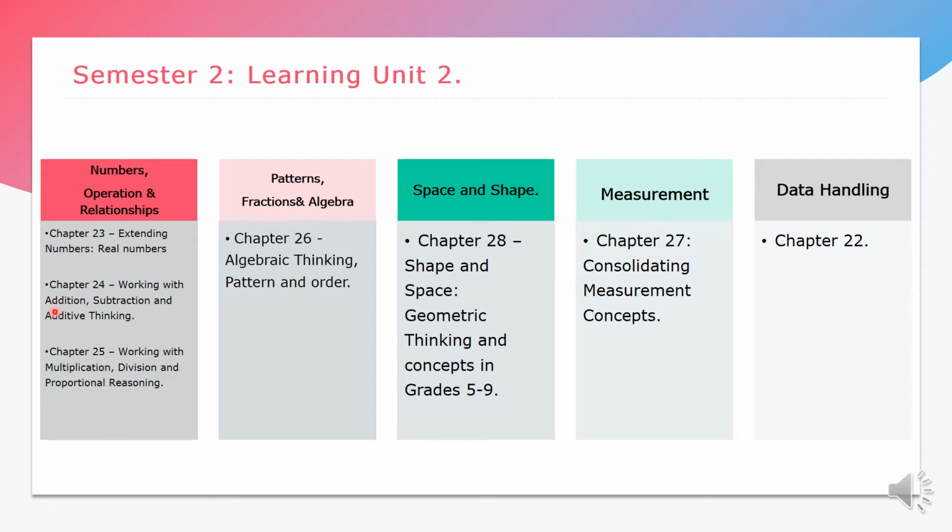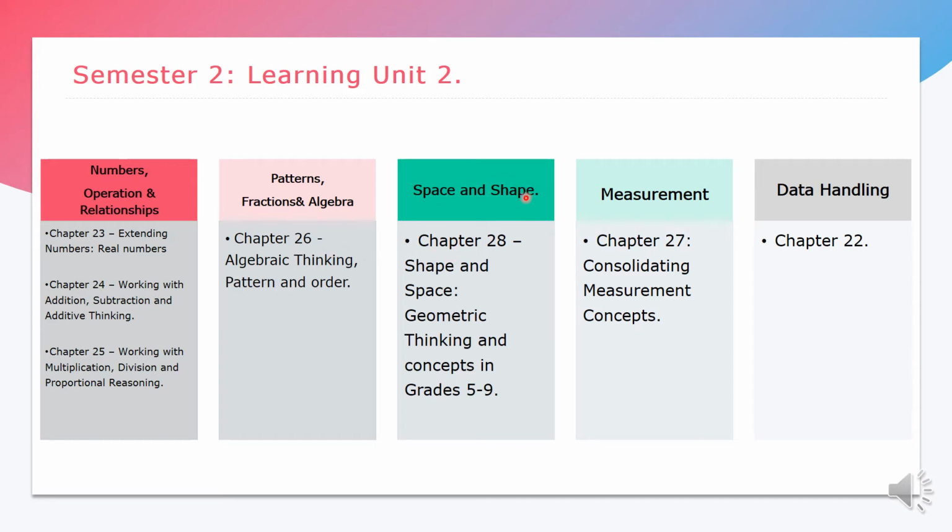Chapter 24 would be working with addition, subtraction, and additive thinking. Chapter 25 will be working with multiplication, division, and proportional reasoning. And patterns, functions and algebra would be only chapter 26.